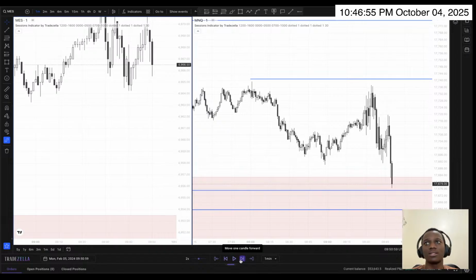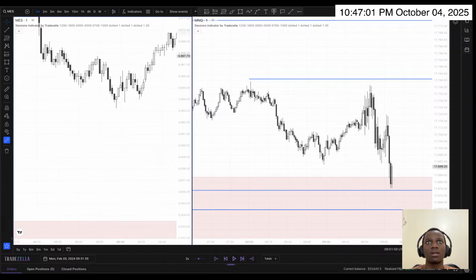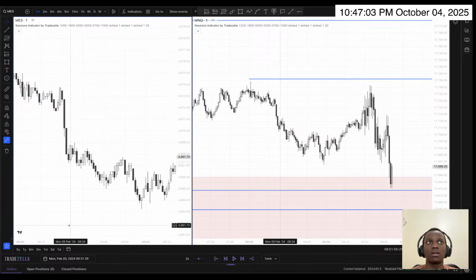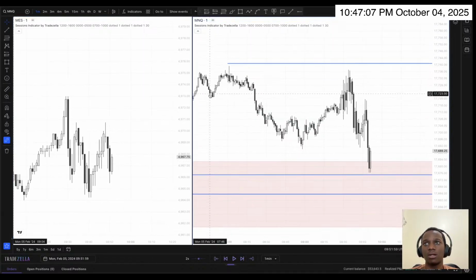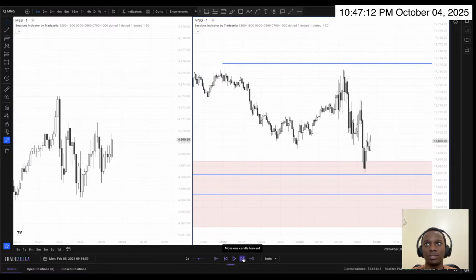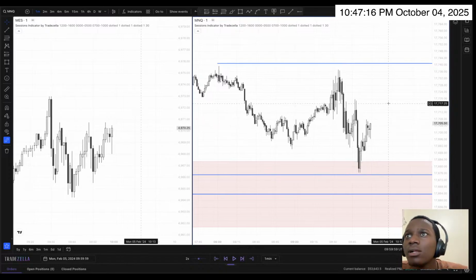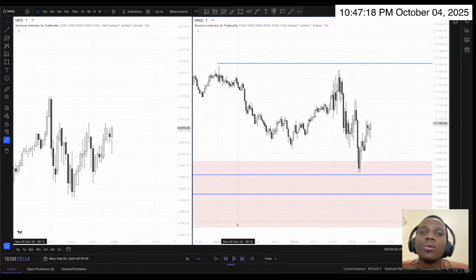Okay, that's the move that I was waiting for. Right now, let's see if an inversion can form. Do we close above it? No, we're still inside.